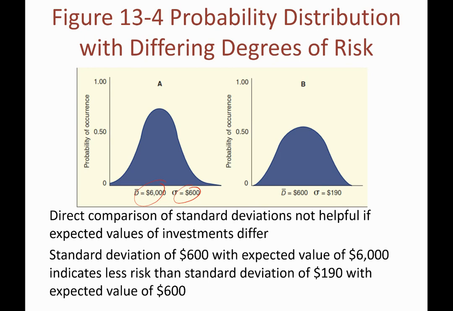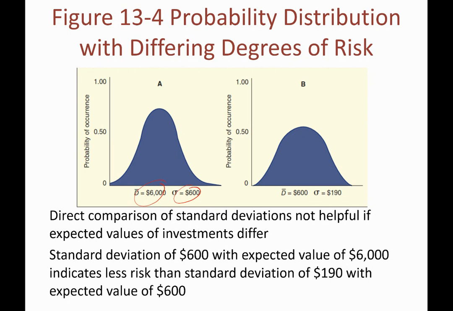Here you have a standard deviation of 190 and an expected value of 600. So given that, which one do you think you're going to choose between the two investments? Again, the expected values are different, and there's also a difference in standard deviation.